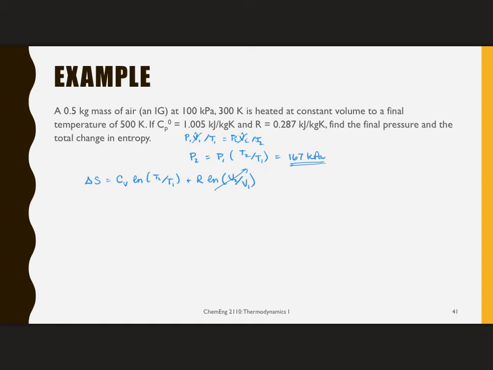And so therefore, this is equal to C sub V natural log of T2 over T1. Now, the issue here is that I don't have C sub V, I have C sub P. But recall from our previous chapter that C sub V is C sub P minus R.